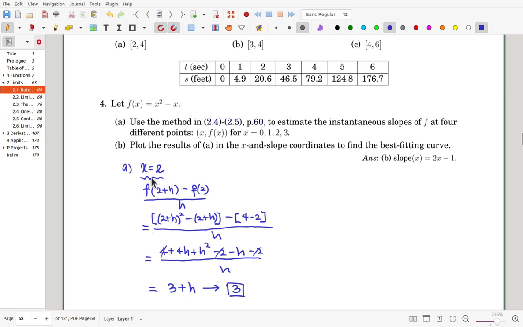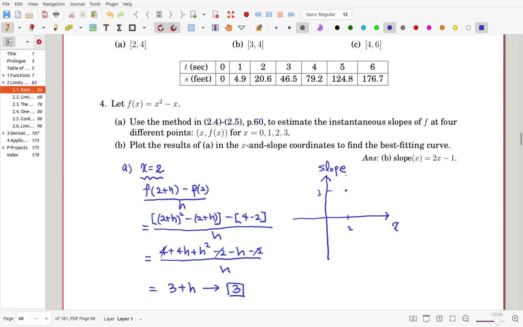Right now this is at x equals 2, but you can find these numbers for each of these points and make a plot. Here the slope is on one axis and x is on the other, and at x equals 2, the slope is 3.